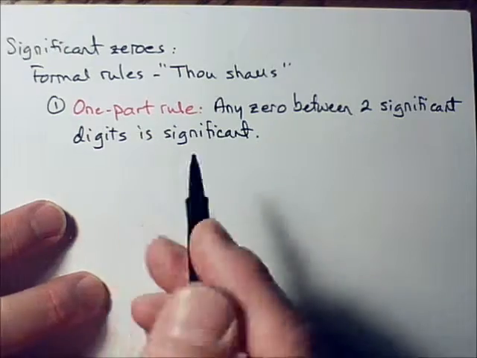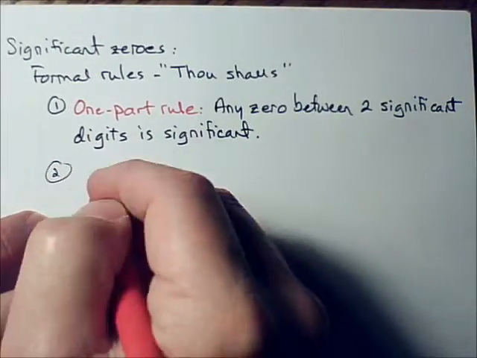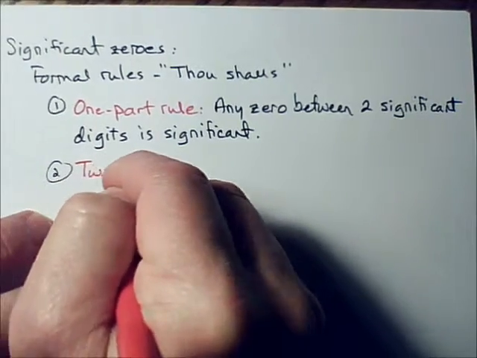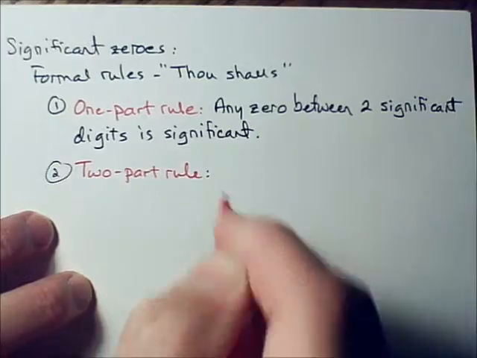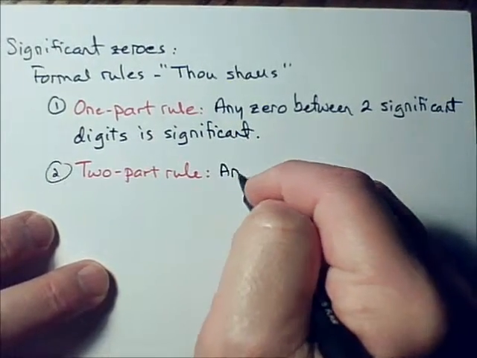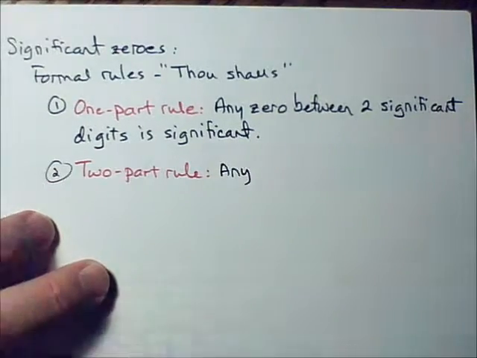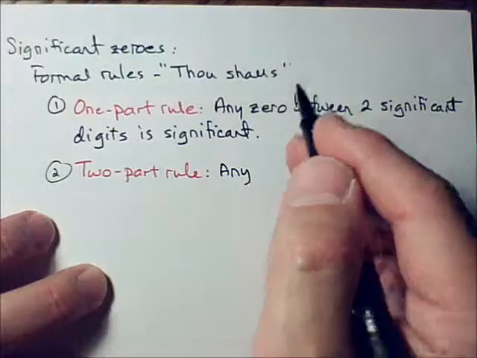All right. And then we've got that two-part rule. So the second rule, I call it the two-part rule. So in the two-part rule, you have to meet both conditions for it to be significant. A zero has to meet both conditions to be significant.